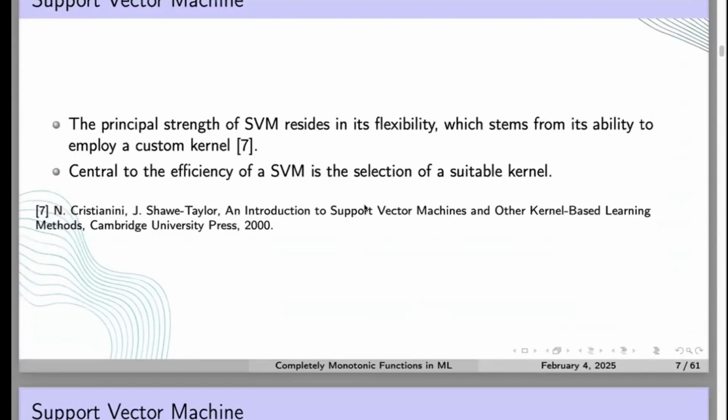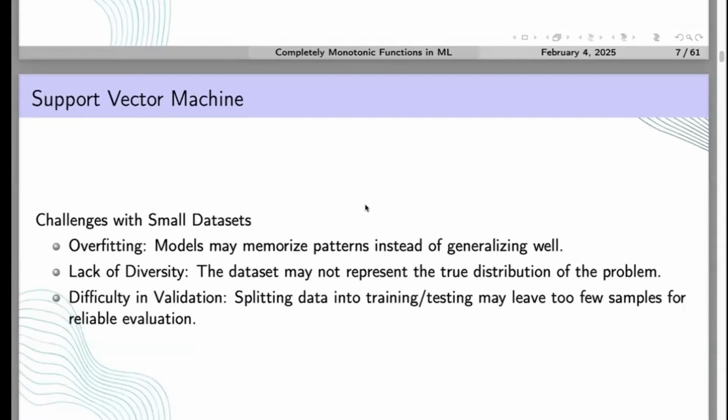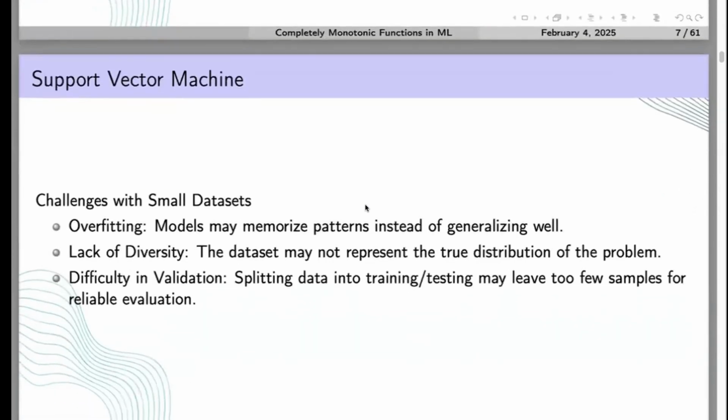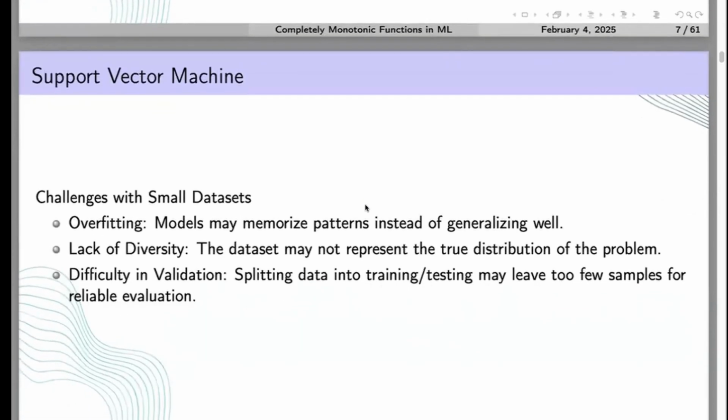And the principal strength of SVM resides in its flexibility, which stems from its ability to employ a custom kernel. Central to the efficiency of SVM is the selection of a suitable kernel. Now, as I said, there are the neural networks, the state-of-the-art models, and the mathematically founded models like support vector machine.